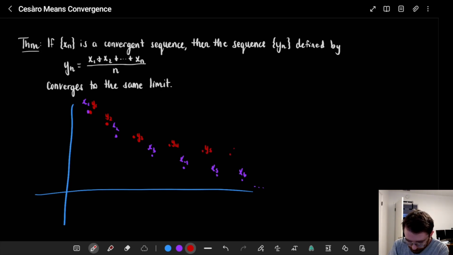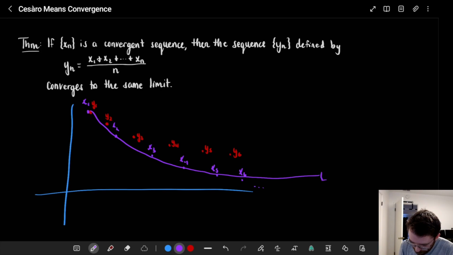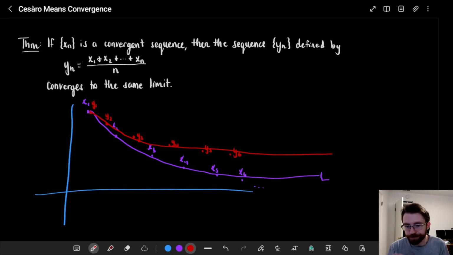And just looking at this, it might not quite look like the purple and the red sequence, the x's and the y's, are going to converge to the same limit. If the x's converge to, say, here, maybe it looks like the y's are converging to some higher number.